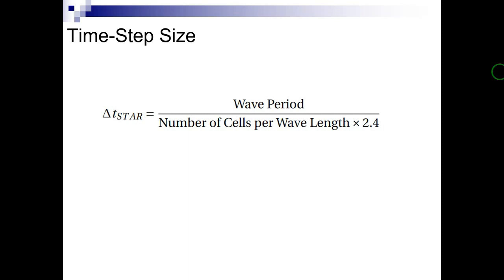Here we use the dispersion relation for linear waves to estimate the wave period, which is shown here, where T indicates the wave period, lambda the wavelength, g gravity, and d the water depth.